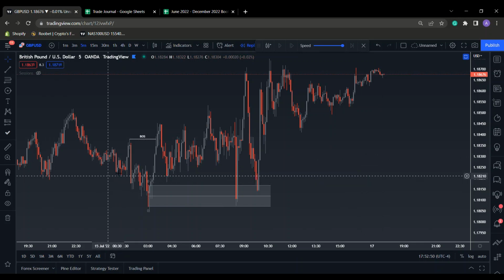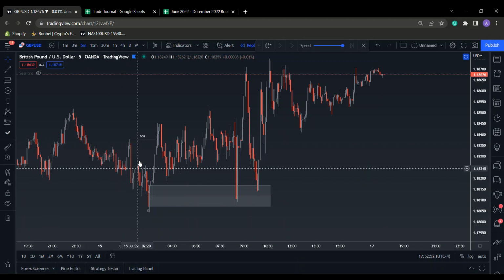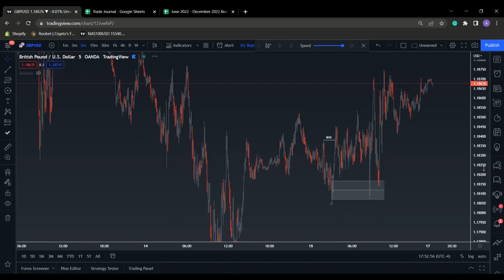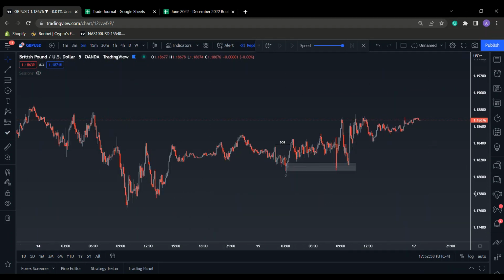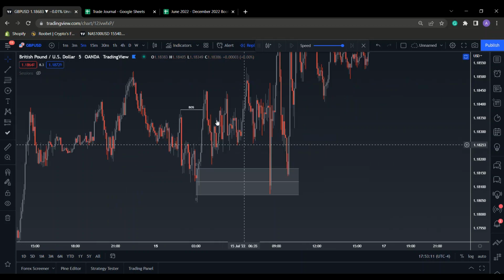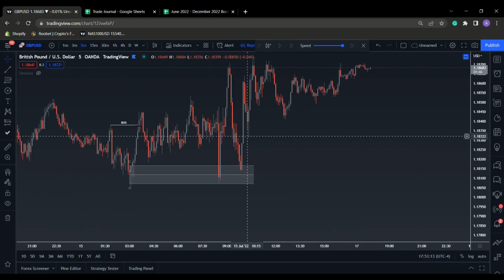So we had price going down in a minor bearish trend, but overall, as you can see, we started to trend upwards a little bit. What do we see? A break of this high, the swing high right here.